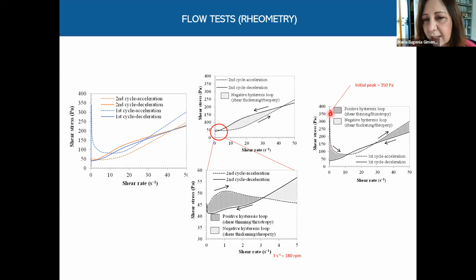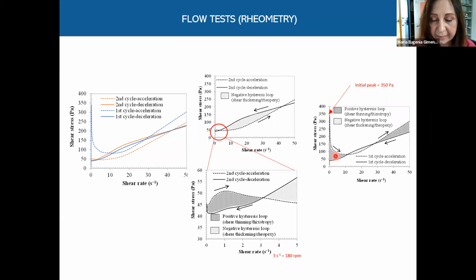This is a clear indication of thixotropy, confirming what we saw in the hysteresis loop. But here we are sure that there was this behavior of agglomeration. And then the stress falls and the viscosity decreases significantly.